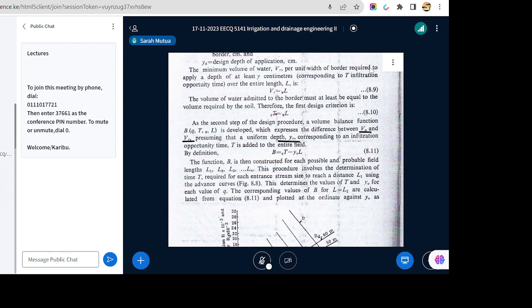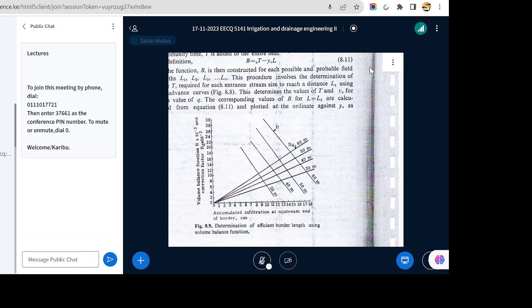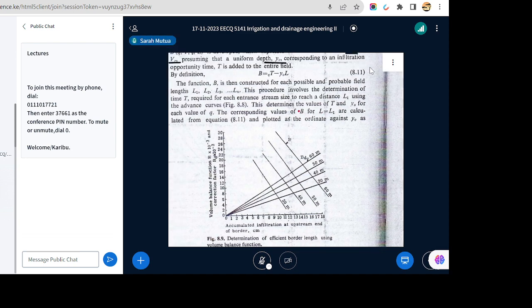Now, when you look at equation 10, volume applied should, at the very least, equal the amount of water infiltrated. So that means we have very little water being collected in the drainage channel. So what equations 8.10 and 8.11 are doing is trying to minimize the amount of water lost through drainage.